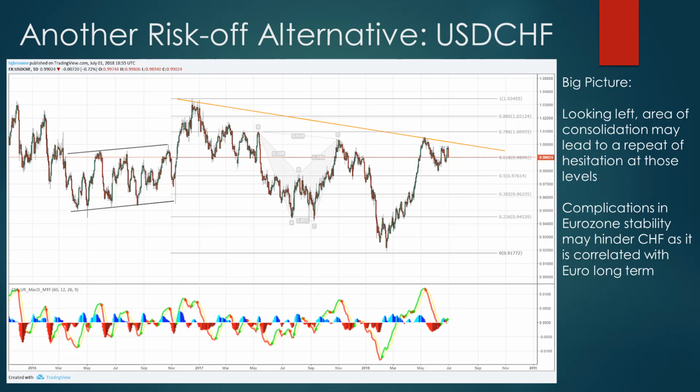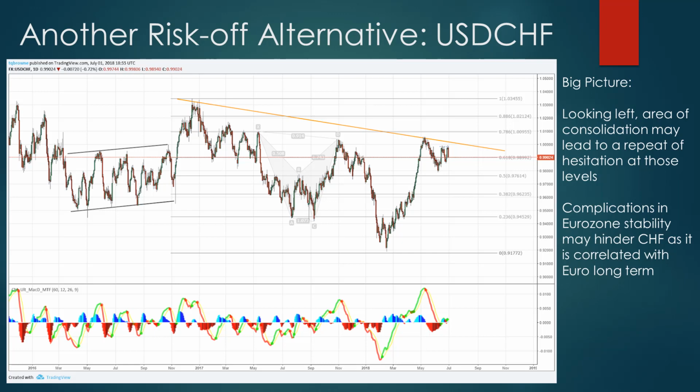Another thing which is going to complicate moving back down into this range is the correlation of the Swiss franc with the euro. And the euro, now a lot of macro traders feel that the euro is due for a rally.